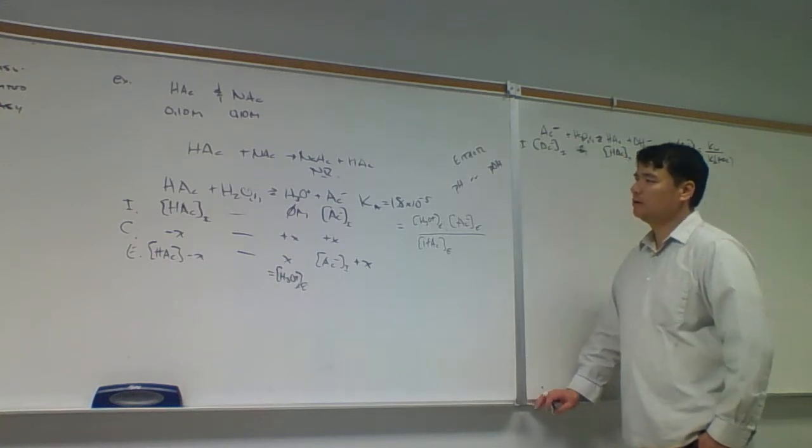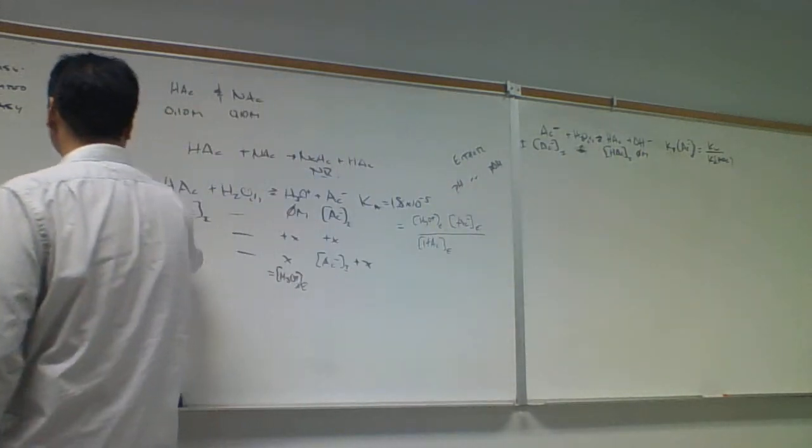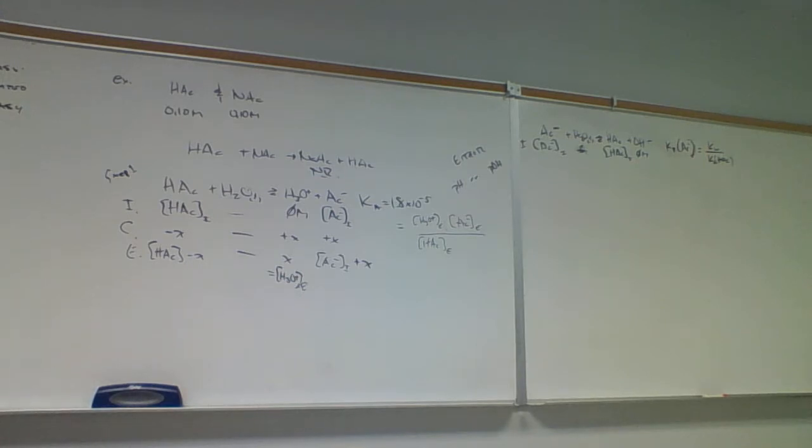Why do I call this step 1? Because there's another hydronium ion producer. What's the other hydronium ion producer? Water. And water's K value is 10 to the minus 14.